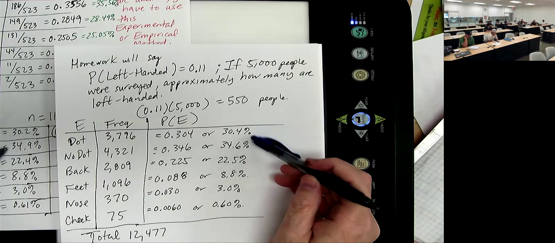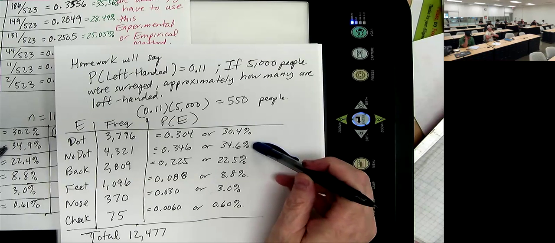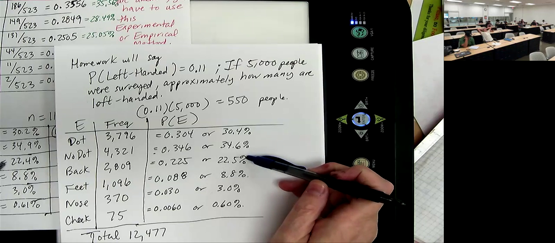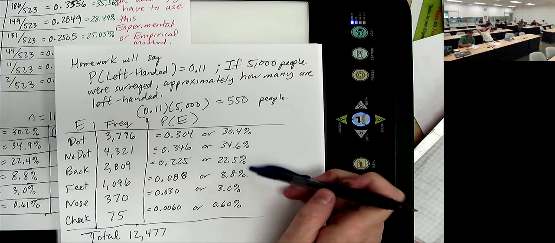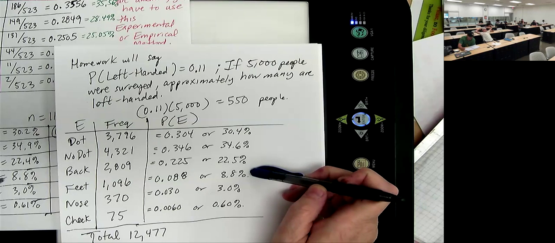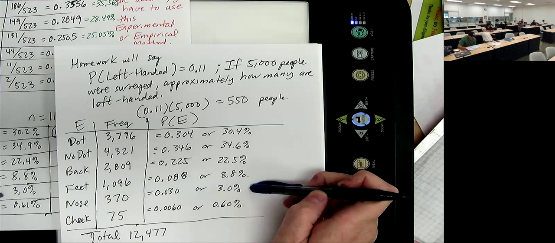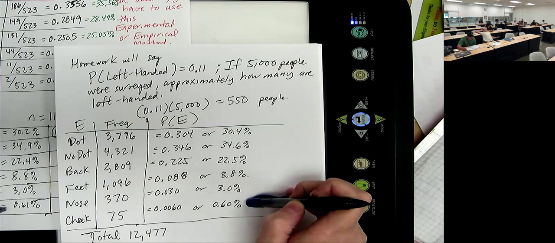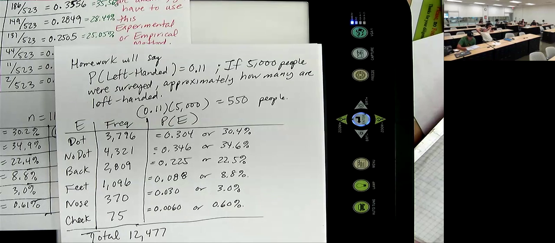Same thing with no dot, 34.9 went to 34.6. 22.4 is 22.5. Razorbacks and Snouters didn't change. And this is off by 0.01% after 500 plus rolls.